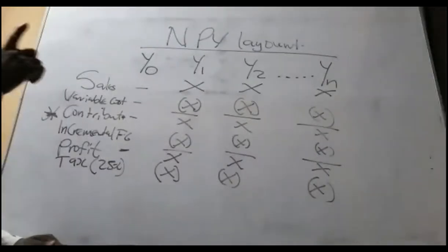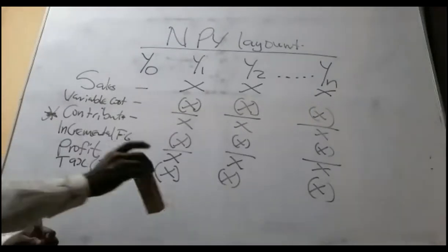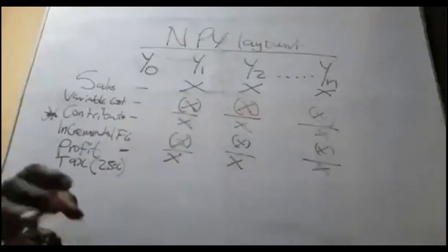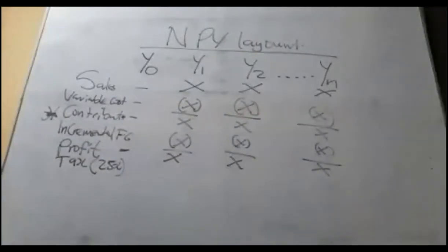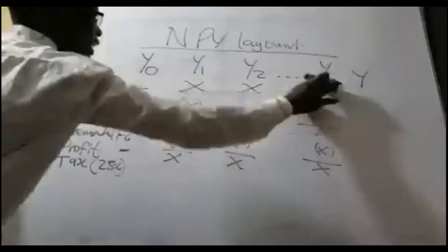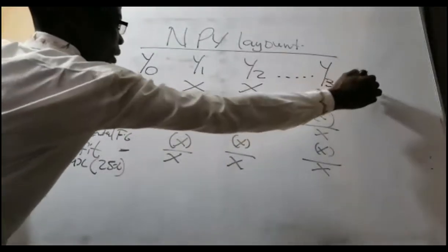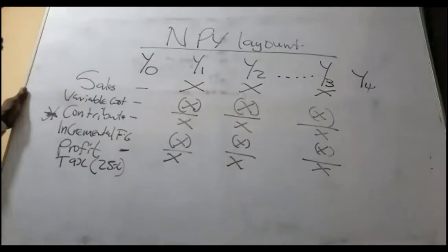In that situation, you need an extra column for the year. Because of the tax, I'll add one. If the last year is year three, here must be year four because of the tax.